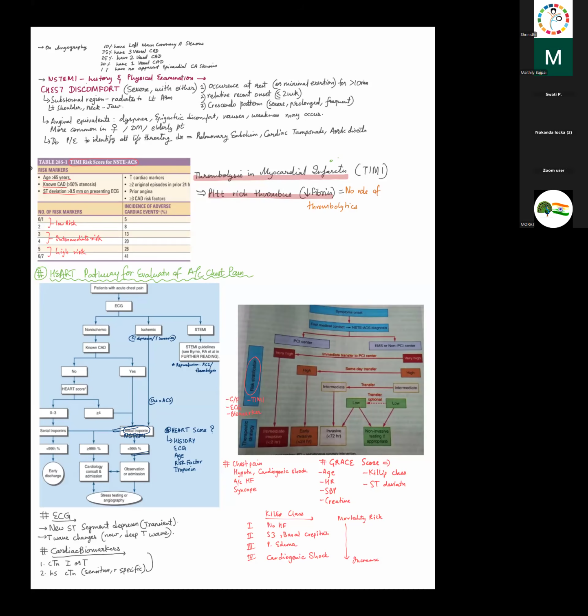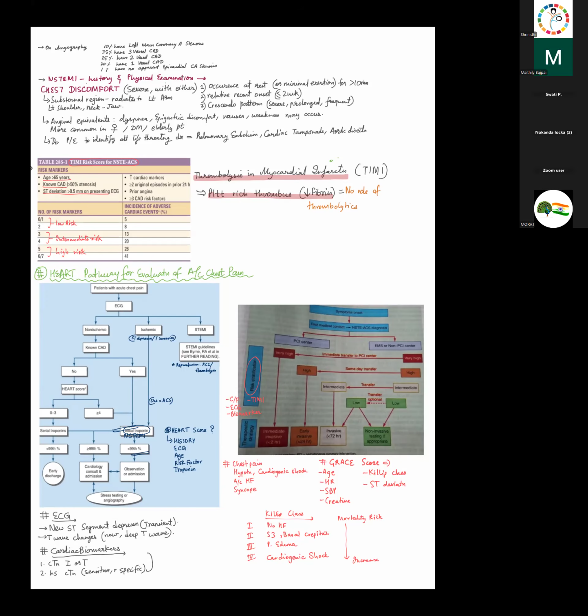The chest pain is in the substernal region and radiates to the left arm, left shoulder, neck, and jaw. Anginal equivalents like dyspnea, epigastric discomfort, nausea, and weakness may occur. More common in females, diabetes mellitus, and elderly patients. Do the physical examination to identify all the life-threatening diagnoses like pulmonary embolism, cardiac tamponade, and aortic dissection.